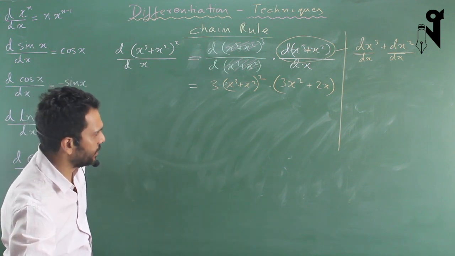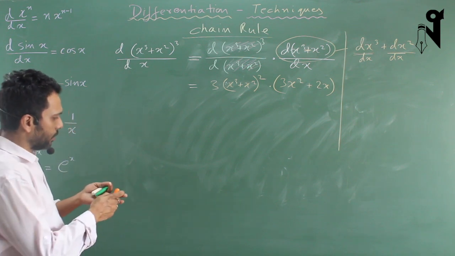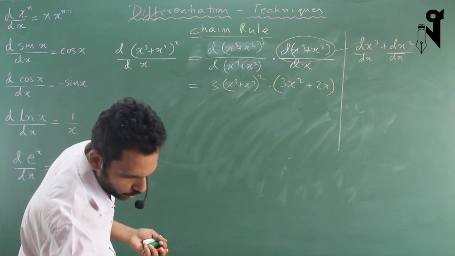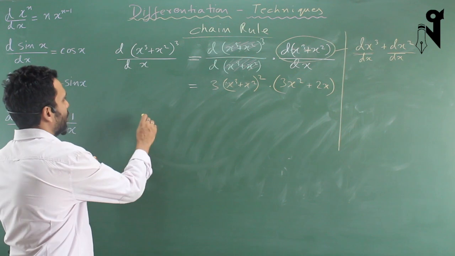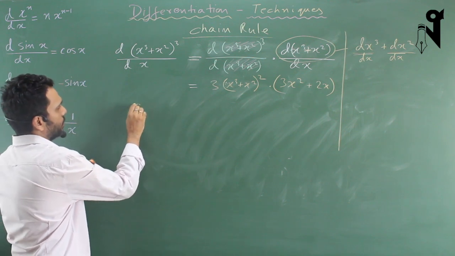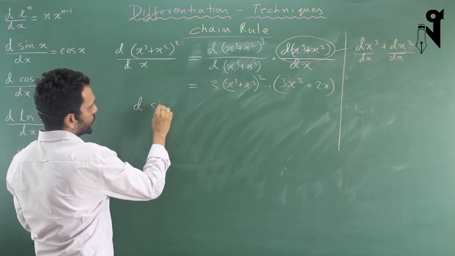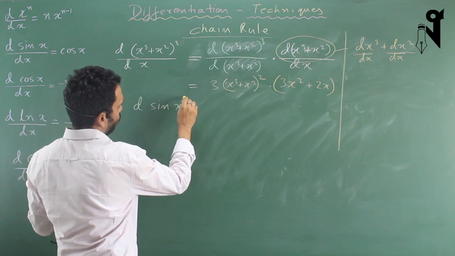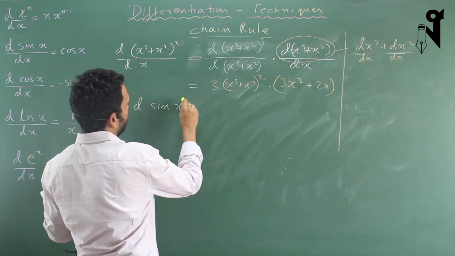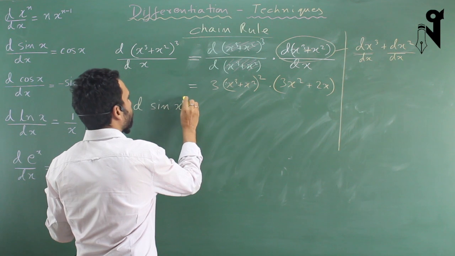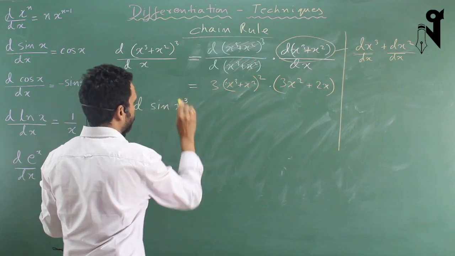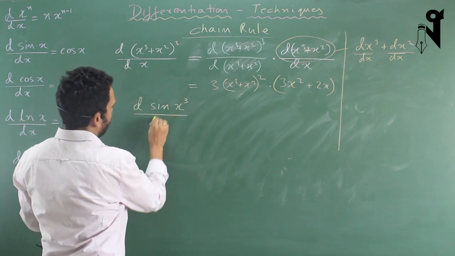Is that clear? So I'll come back to the question which some of you answered in fact last class, but others made a mistake. What was it? X square or x cube? I'll just put an x cube over here, x cube with respect to dx.